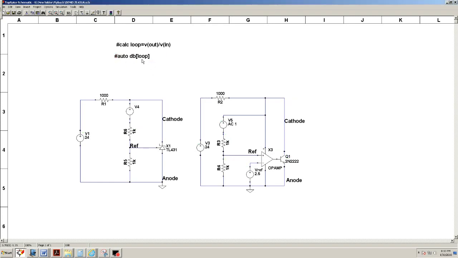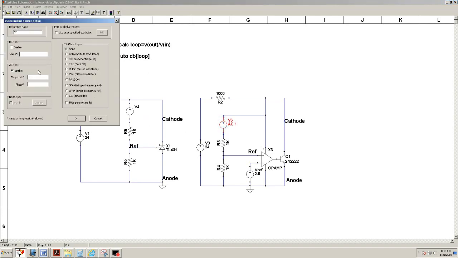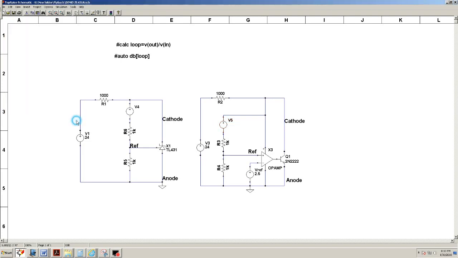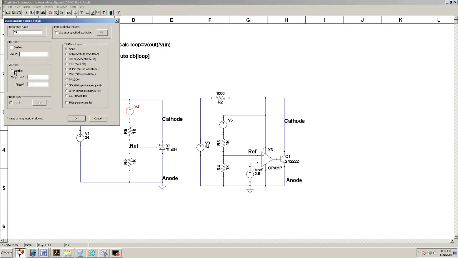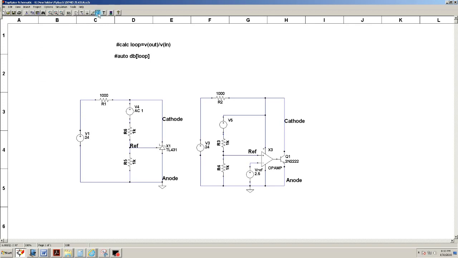Okay, so let me turn this off, because I want to display the loop of this first one, and we have to do an AC analysis, so we'll put that as 1, and then we have to label. That's out, in.